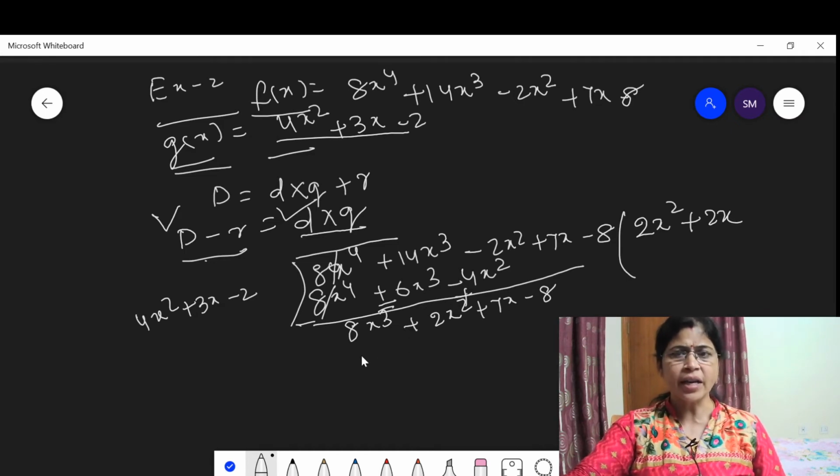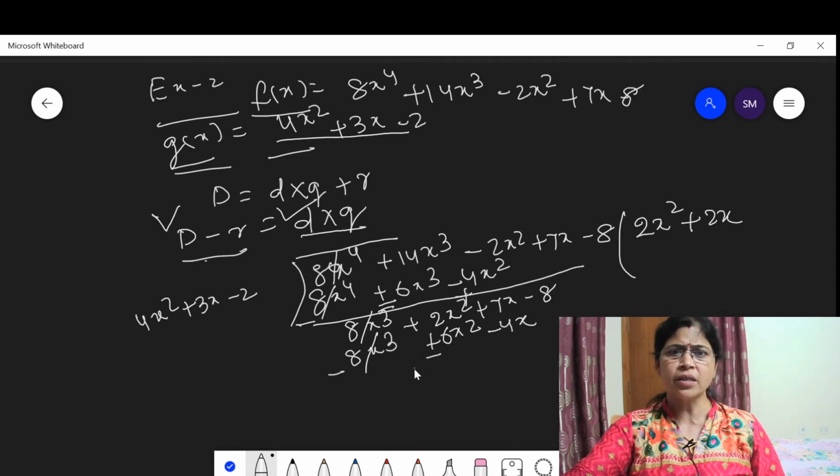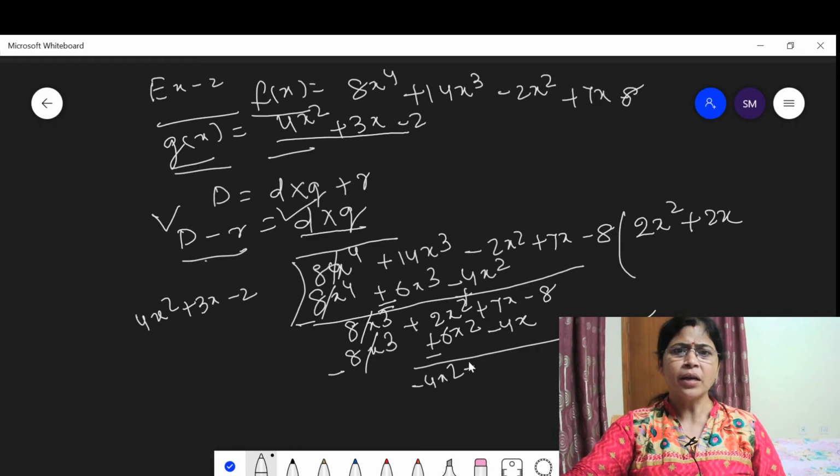Here the 8x cube, we have to multiply this with 2x. 4x square into 2x is 8x cube, 2x into 3x is plus 6x square, 2x into minus 2 is minus 4x. Then this minus cancels, this is minus 4x square plus 3x minus 8.